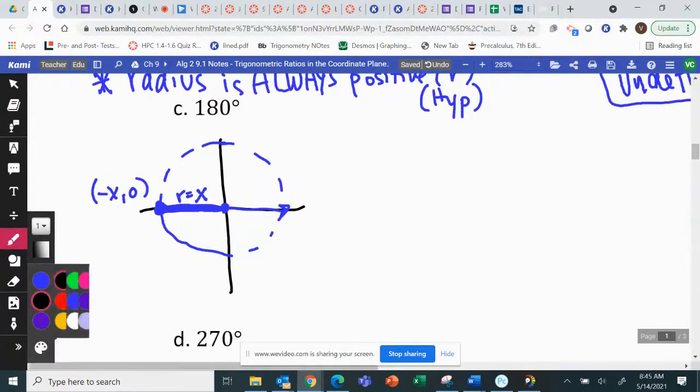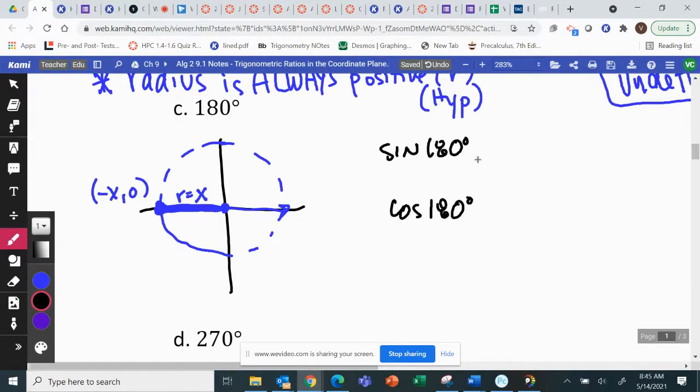Okay, so we're going to do sine of 180 degrees, cosine 180, tangent 180. So sine would be y over r, cosine is x over r, and then tangent is y over x.